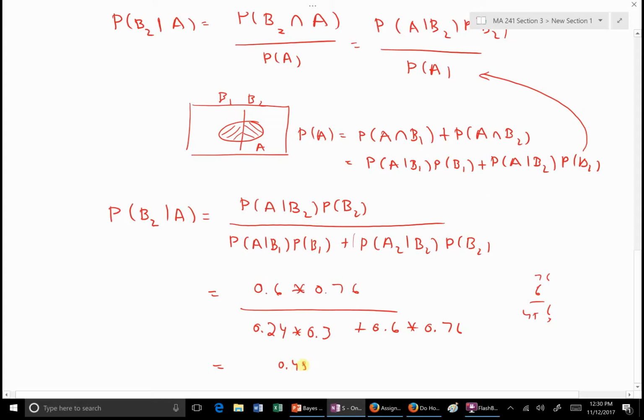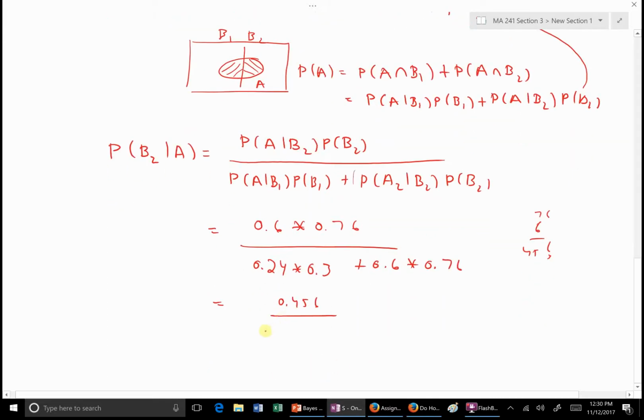So I have 0.456 over, and on the bottom we figured out earlier this was 0.072, so we have 0.456 over 0.528. Let me write this a little better.